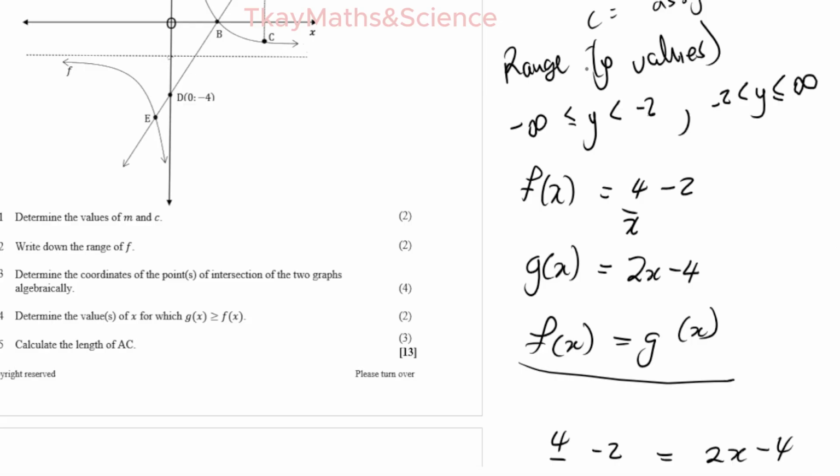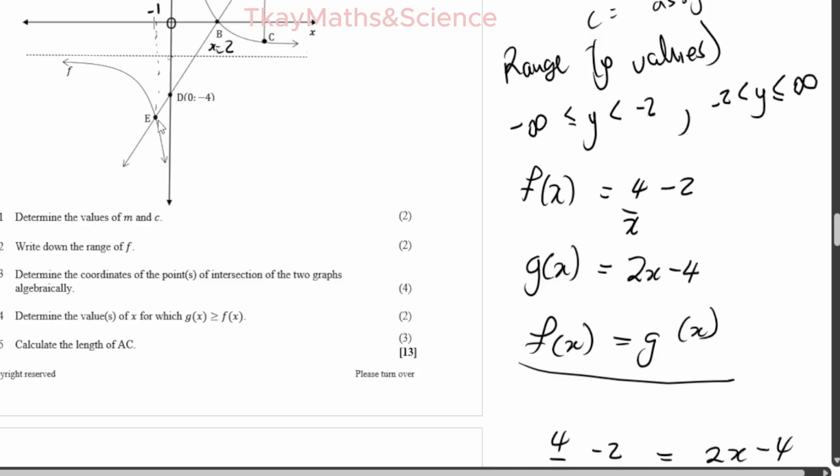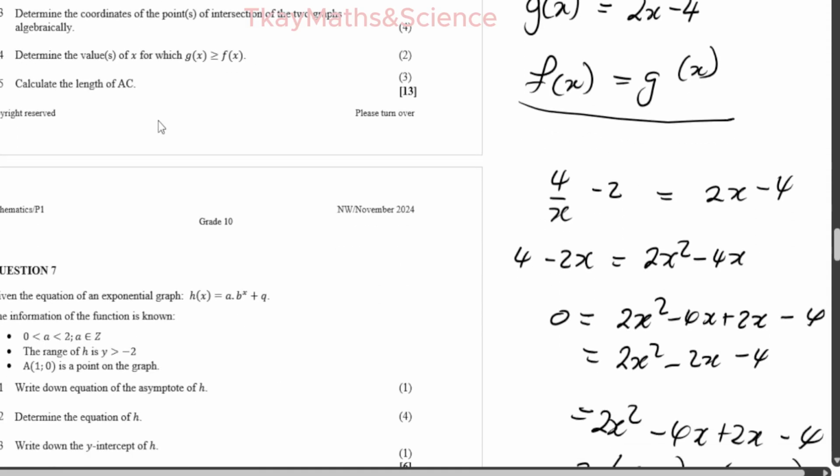So we just have to highlight here. This one is x is equal to 2, then this one is x is equal to negative 1. Let's put it like this. Okay.